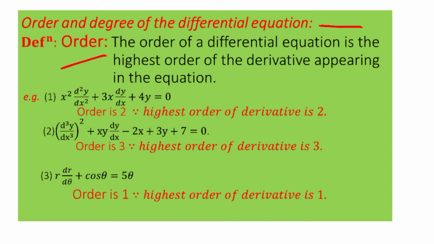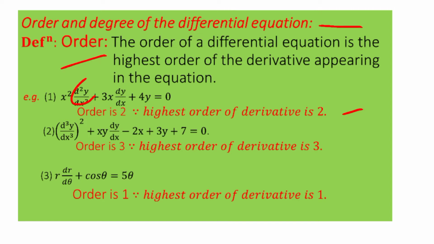Order is 2. Here see the d2y. The order of d is 2 here and the order of the other derivative is 1. So the highest order of the derivative is 2, so order is 2.